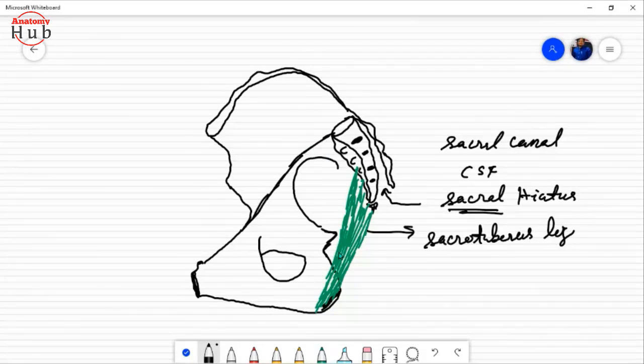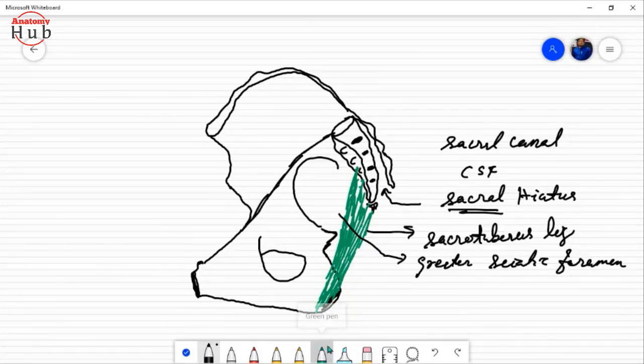So here you will find the greater sciatic foramen, and here the lesser sciatic foramen. So the sacrotuberous ligament plays a key role in converting this notch into the foramen.